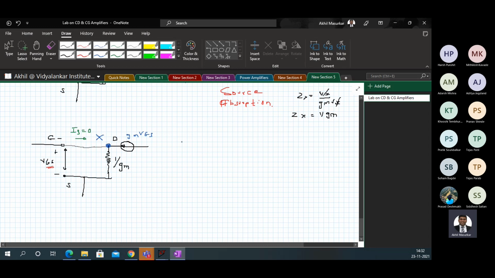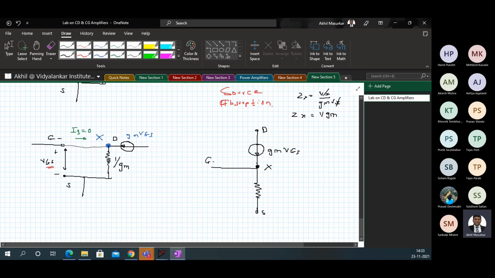So now if you draw this a little bit properly, you can see that we are having a current source gm·VGS, then an impedance, then a source on this side, a drain, and in between a node.